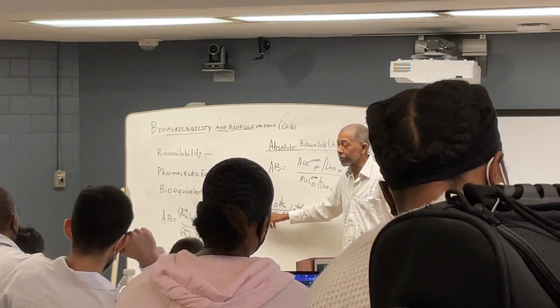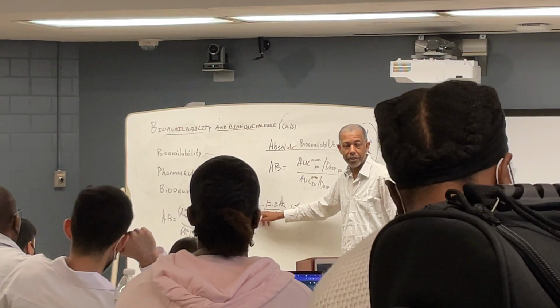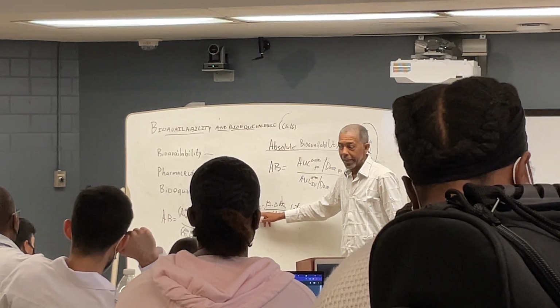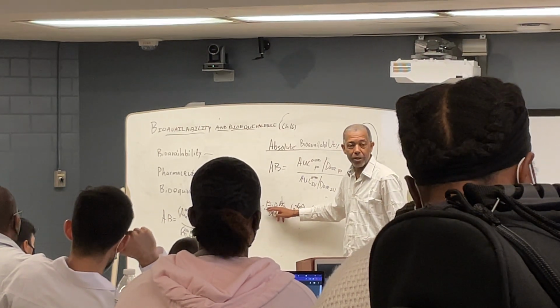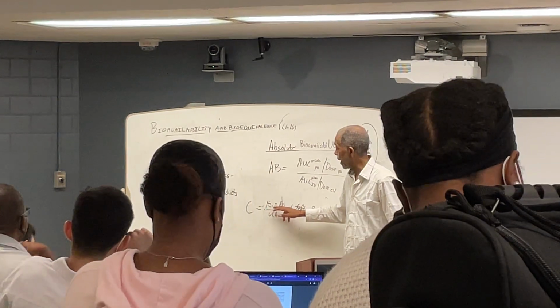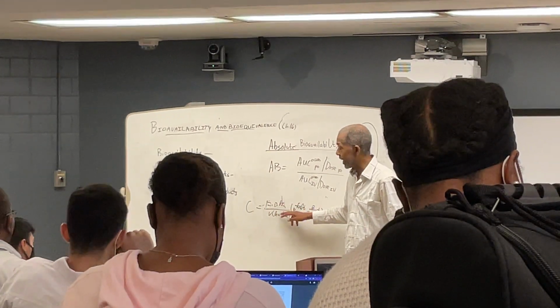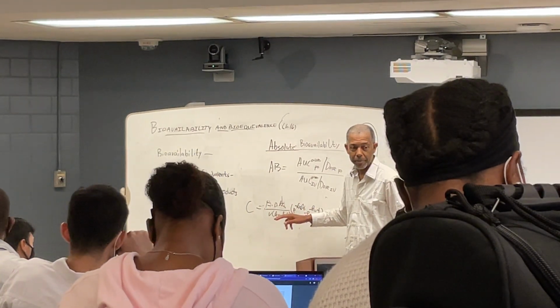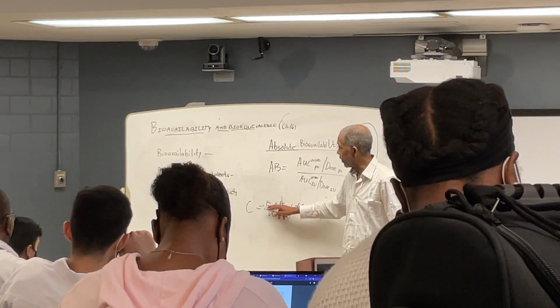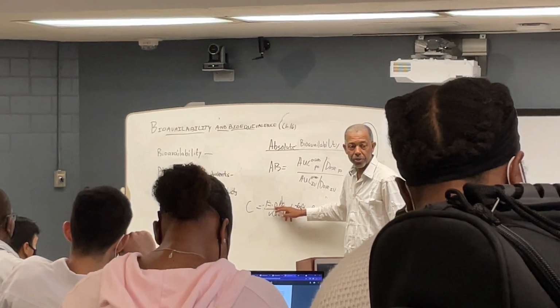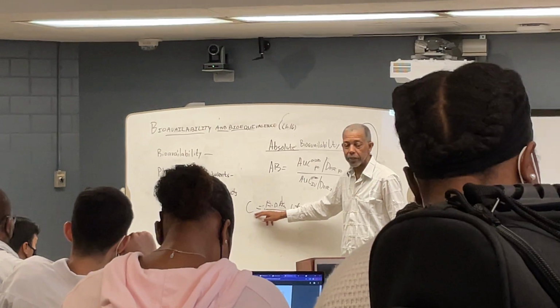If the therapeutic concentration, let's just say, is 10 milligrams per liter, as this F value goes down, in order to get to 10, assuming that K and all that kind of stuff stays the same, then as F goes down, I'll have to give a bigger dose in order to reach a given concentration.